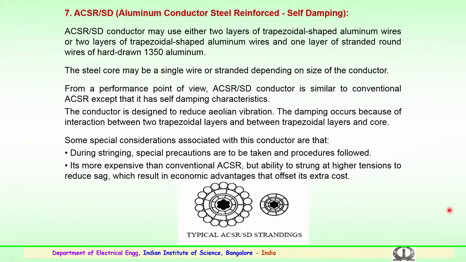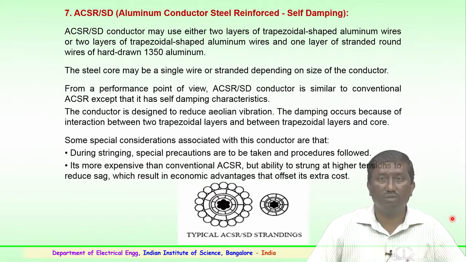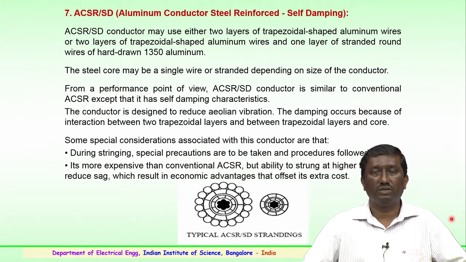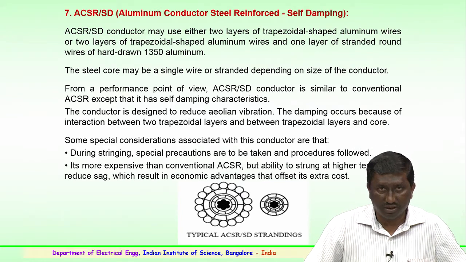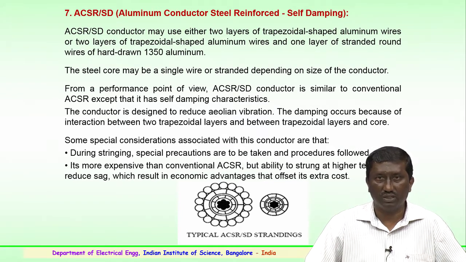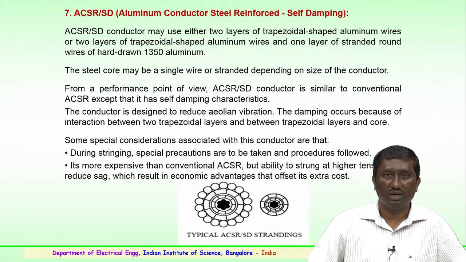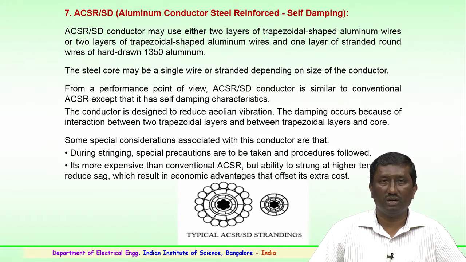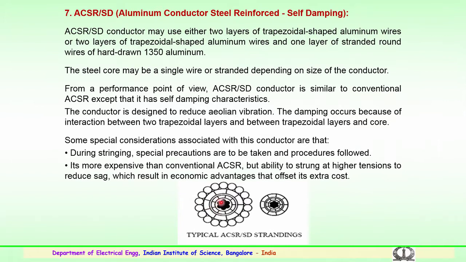The seventh is ACSR SD, aluminum conductor steel reinforced, that is self damping, that is very important here. The aluminum conductor steel reinforced having self damping characteristics could use either 2 layers of trapezoidal, as shown here, or 1 layer of standard round, as shown here, of hard drawn 1350 aluminum alloy conductors.